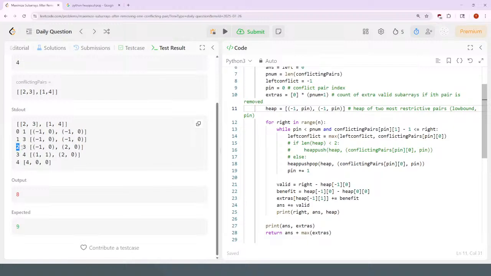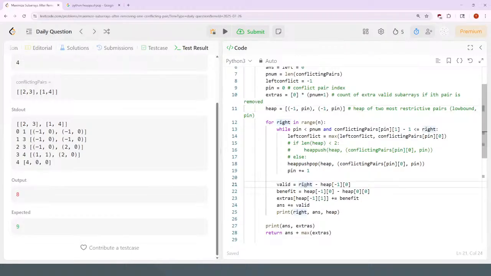And then right side is 3, there's 2, 3. 2, 3 should actually have 3, 3 as a valid one. So it should have gone up to 4 here. Okay.